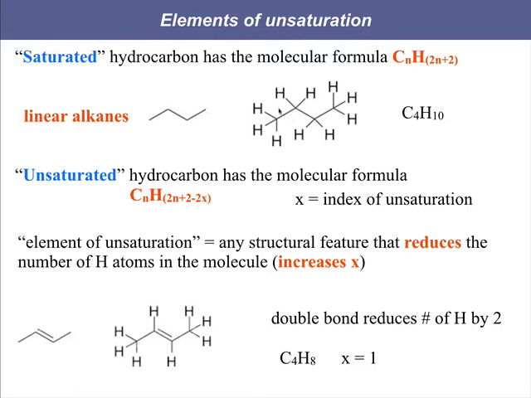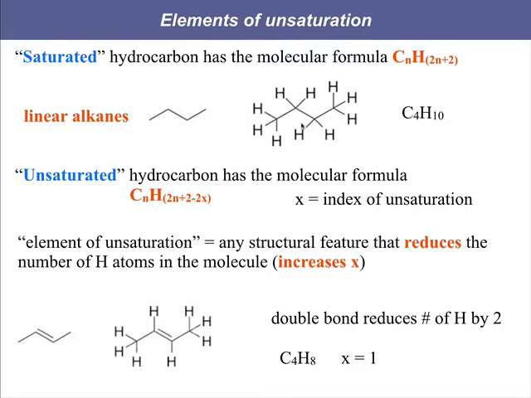But given the fact that we've got 4 carbons, the way that those 4 carbons attached in this linear fashion means that we can fit as many as 10 hydrogens around those carbons. That is what we mean by saturation. So linear alkanes are saturated. So unsaturated then simply means that there are fewer than the maximum number of hydrogens that we could have given the number of carbons.